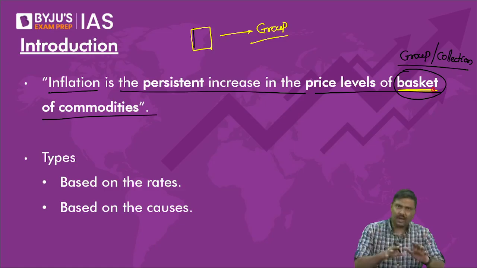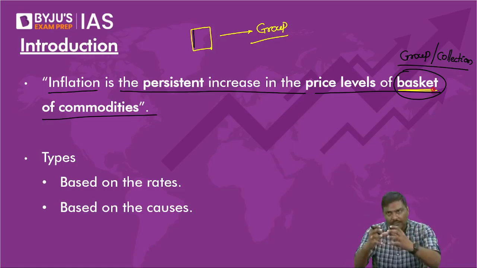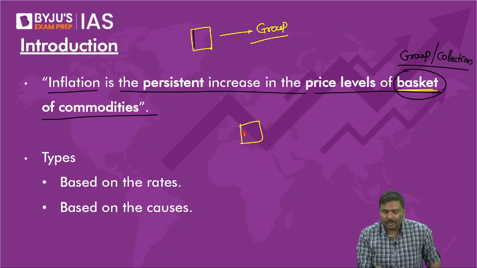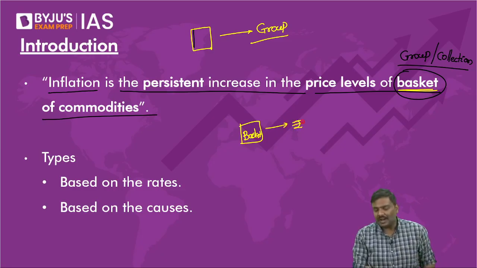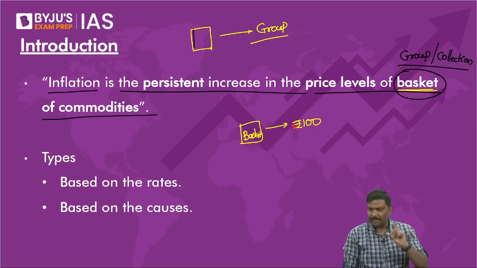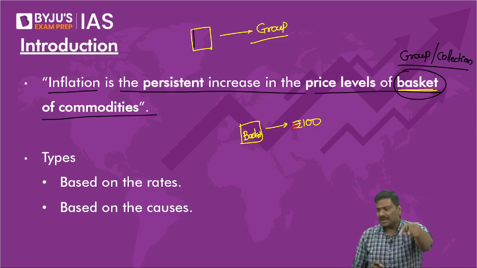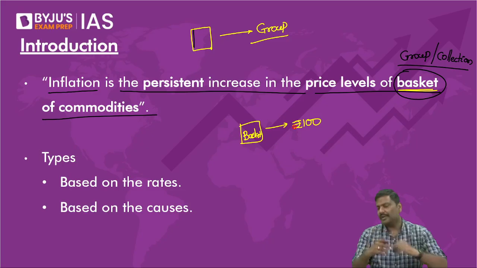Point two. Imagine the same house last year purchased a certain group of commodities like this. For that basket of commodities, last year the price was 100 rupees. I repeat, there is one house. The house is purchasing a basket. Basket means what? Group of commodities.